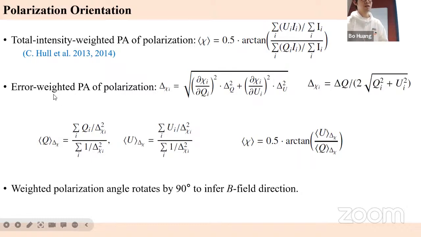We also perform an error weighting to give more uniform weight to all regions. This is the formula. If the polarization traces the magnetic field, we should rotate it by 90 degrees to infer the magnetic field direction.